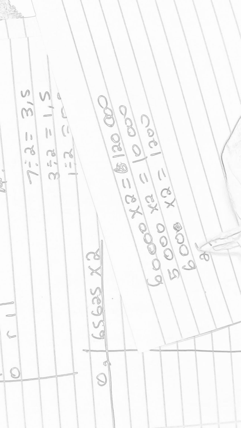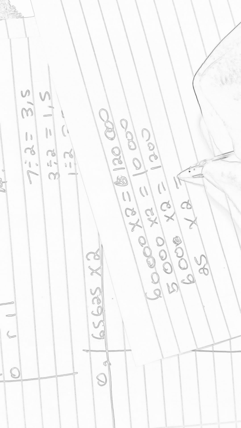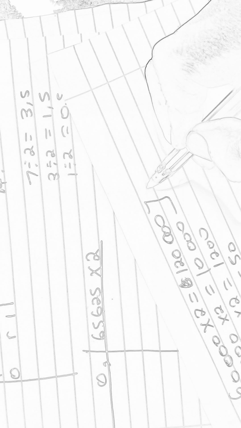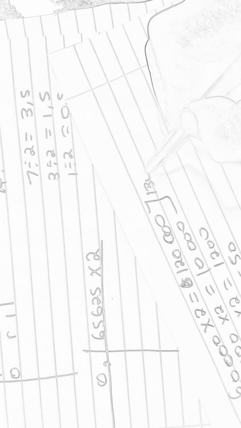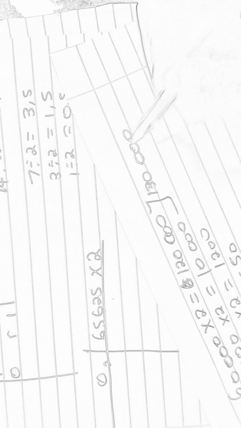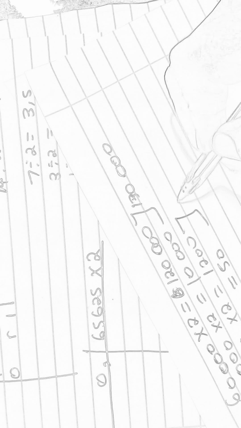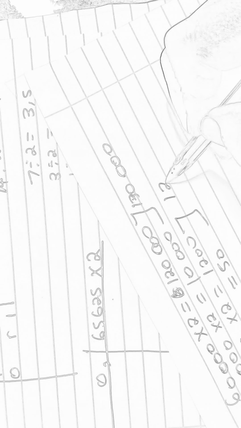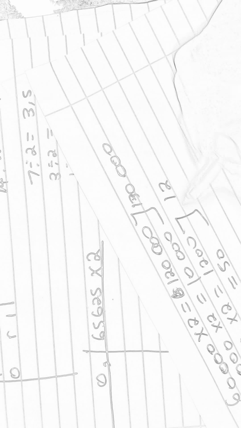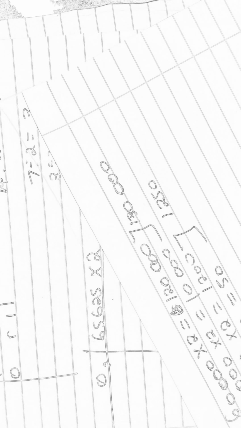Finally 25 times 2, which is 50, and then I add these numbers, which is going to give me 130,123, then again these 2 numbers, 1,200 and 250.